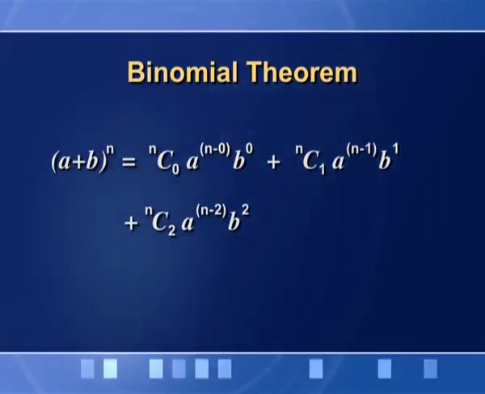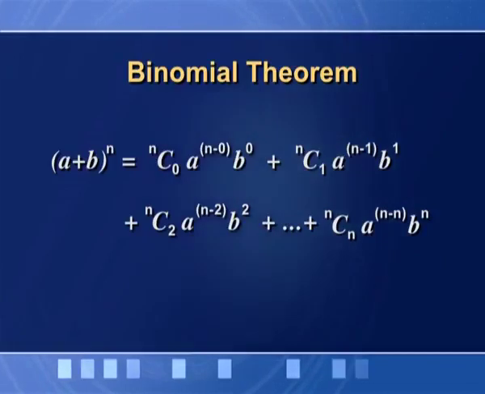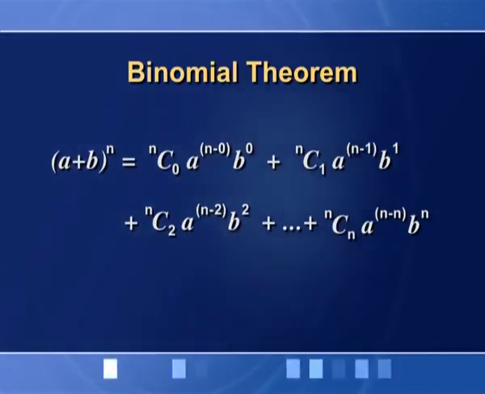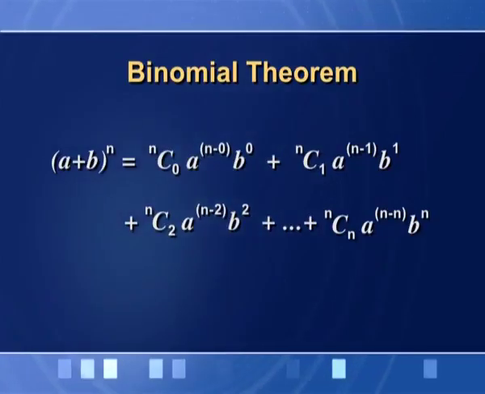The expansion will go on like this, and the last term will be nCn a^(n minus n) b^n. This is the binomial expansion of (a plus b) raised to the power n.